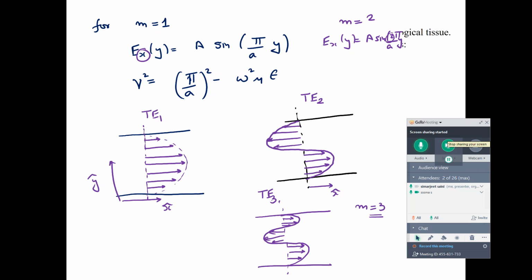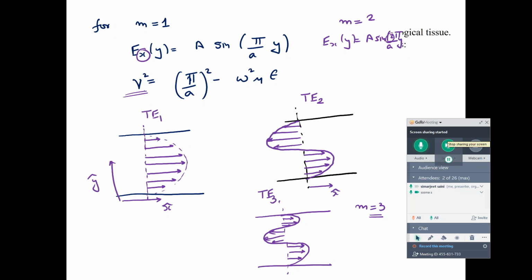Each of these solutions mathematically are the eigen solutions with their own eigenvalues, the eigenvalue being gamma square. Each of these distributions is traveling as a unique distribution through the waveguide. They don't interact with each other.